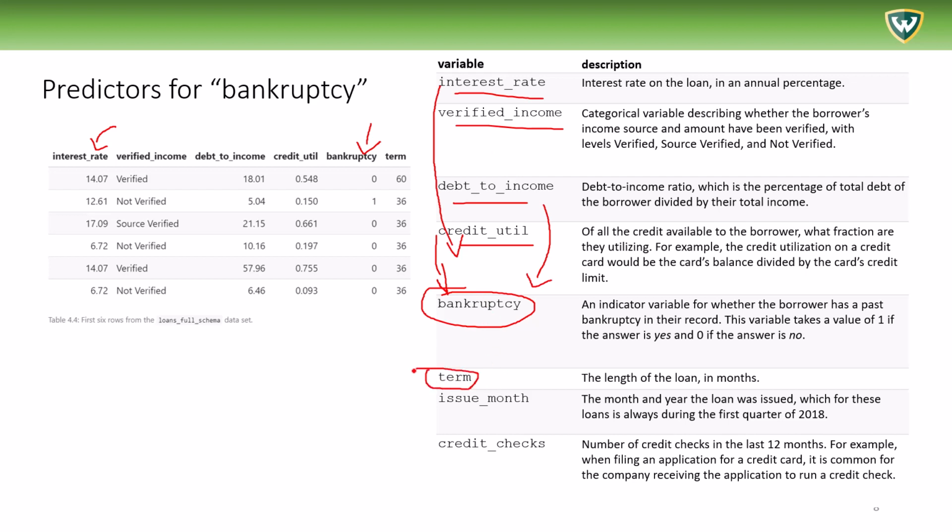The length of the loan in months, so maybe if they have longer term loans, that can be associated with more bankruptcy. So there we have all of these potential predictor variables that can help us understand bankruptcy. But note that often we don't have the data set all clean and all the important variables all in one single data set.